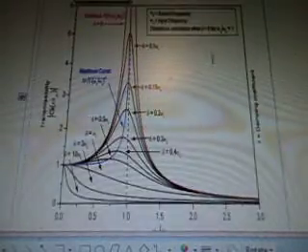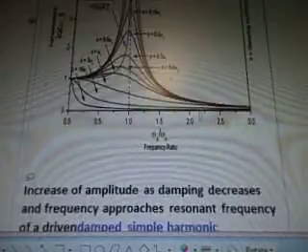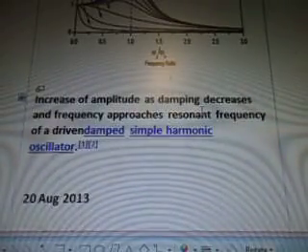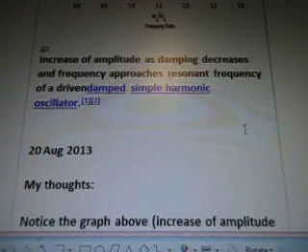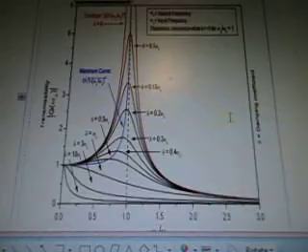Again, what's it look like to me? The Higgs signal. Okay? And this is the damping coefficient. So, increase of amplitude as damping increases and frequency approaches resonant frequency of a driven, damped, simple harmonic oscillator. Okay?